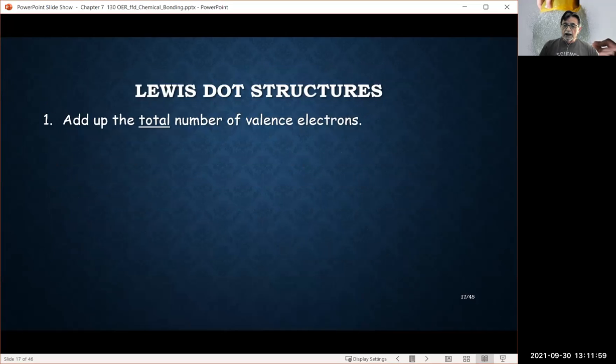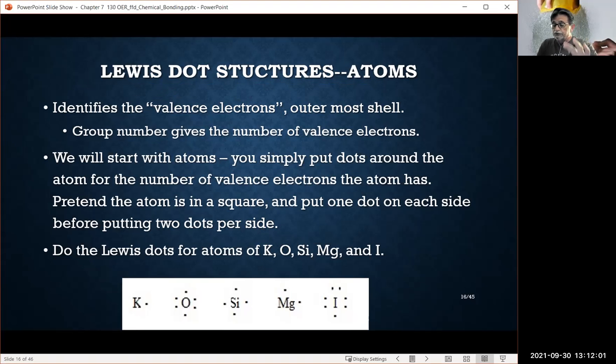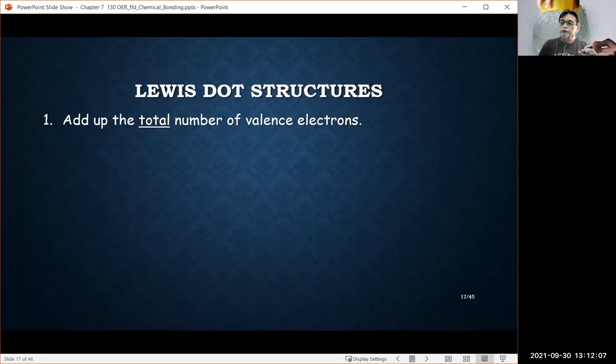Now notice that is a Lewis dot structure for atoms. Now what we're going to work with is to determine the Lewis dot structure for compounds. Okay, now we're doing Lewis dot structures. So the way we do this is we add up the total number of valence electrons that every atom brings to the molecule.